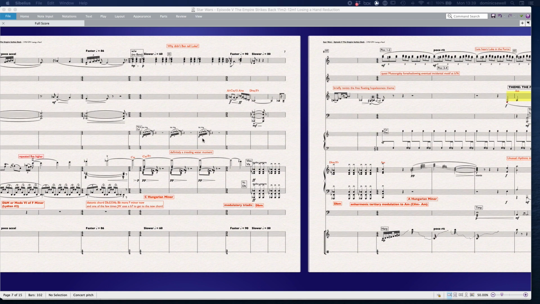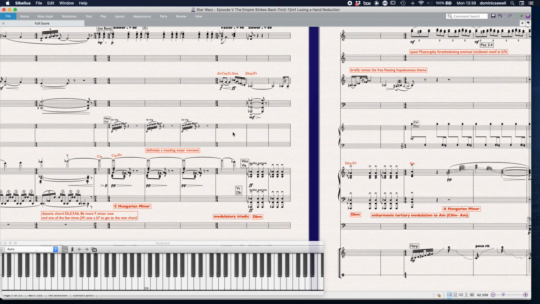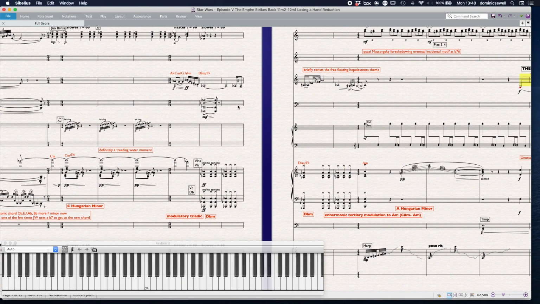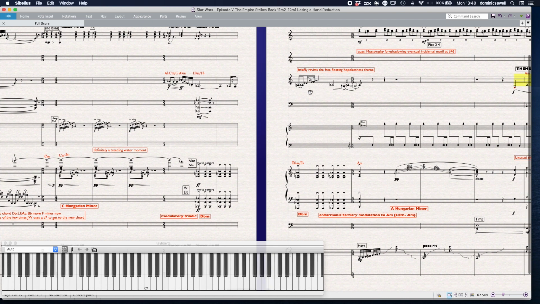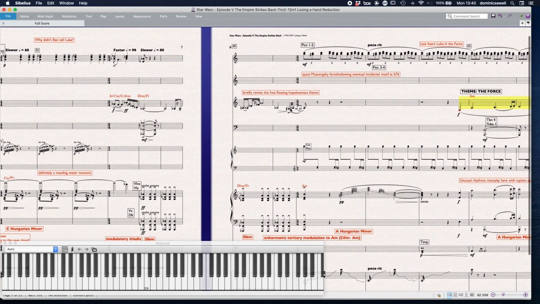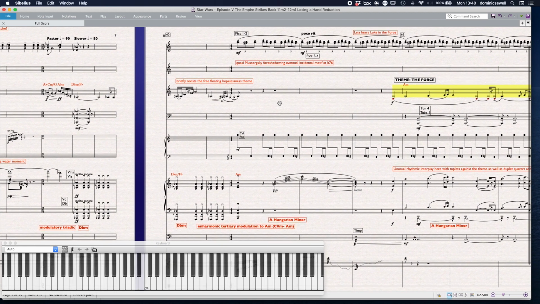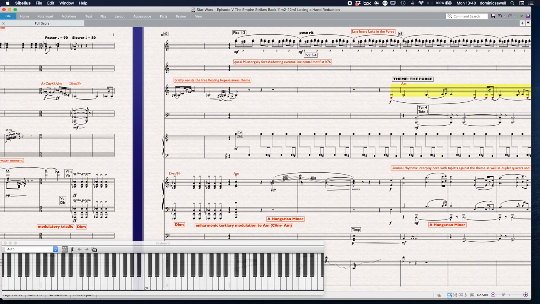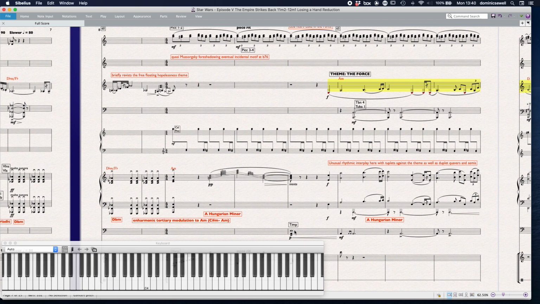So we're still here. Wonderful sort of gliss. Temporal.